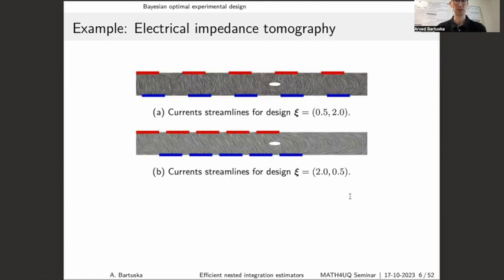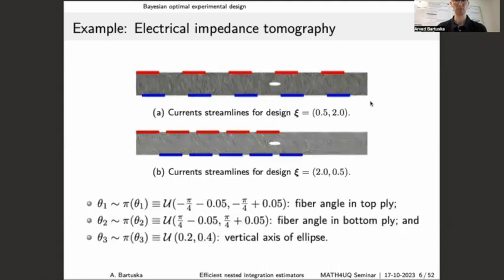Okay, so again, for our now slightly different model where we have this inclusion as well, we assume prior distributions for each parameter of interest. The first parameter of interest is the fiber angle in the top ply. We cannot see it here anymore, but there were these two plies, and now we have an inclusion between the plies.